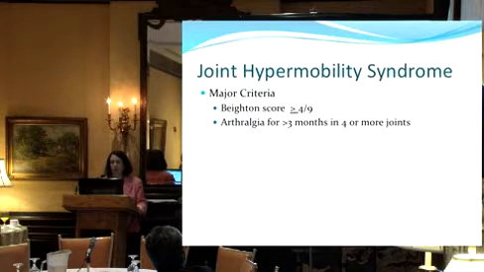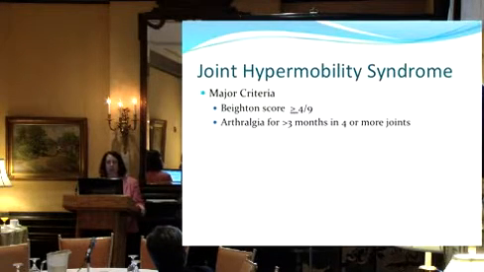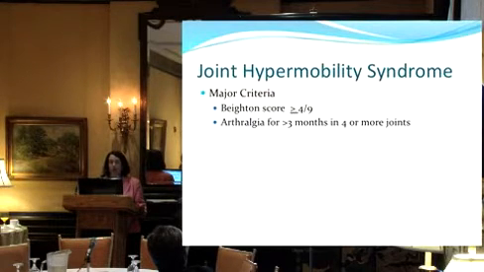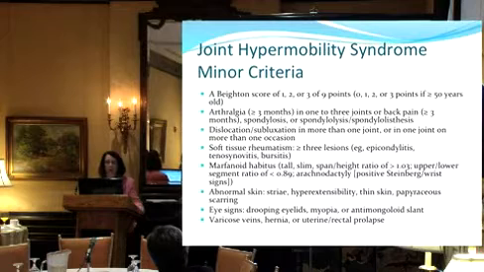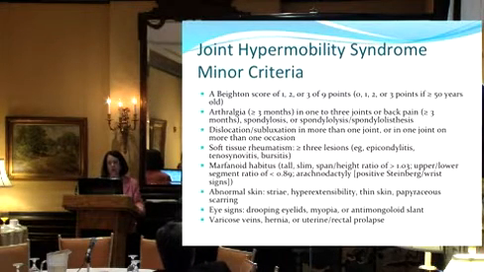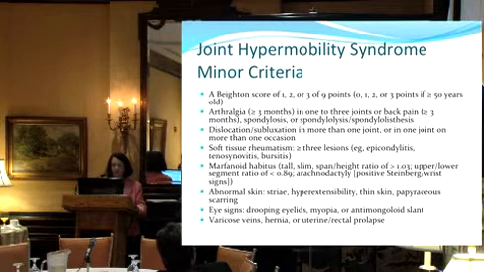So for joint hypermobility syndrome, the major criteria are the Beighton score of greater than or equal to 4 and the presence of arthralgia for greater than 3 months in 4 or more joints. The minor criteria are listed here, and Brad will go over these a little bit later, so I'm not going to spend a lot of time on this right now, but they involve some other issues besides strictly the hypermobility.